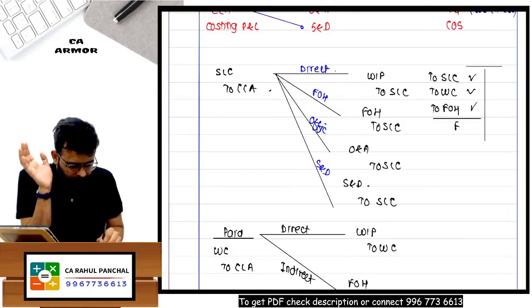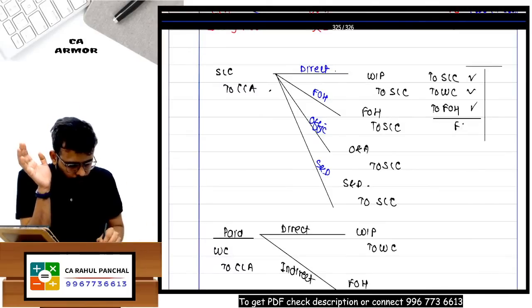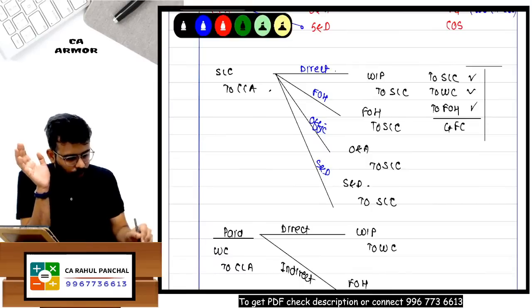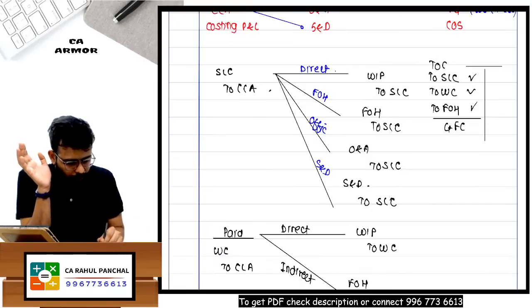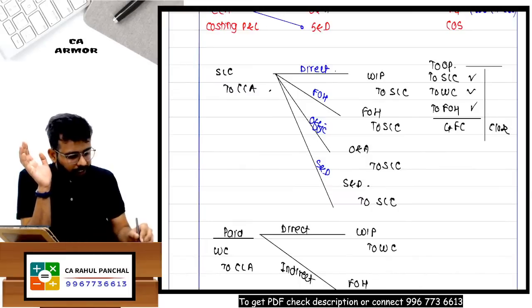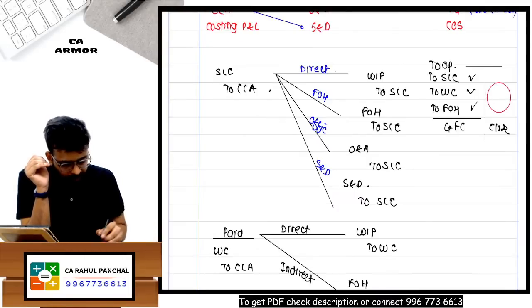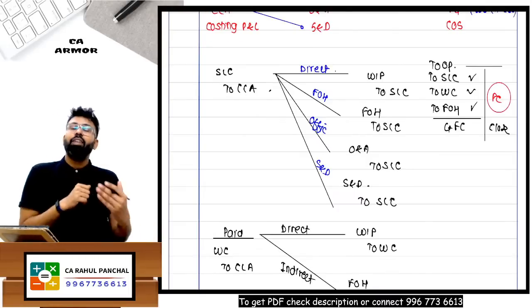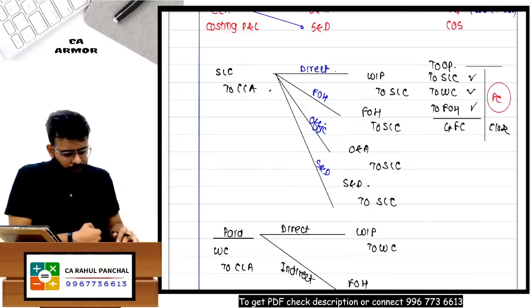This is going to be your gross factory cost. On the debit side comes opening WIP, on the credit side comes closing WIP. After adjusting, that is gross factory cost, add opening stock of WIP less closing stock of WIP, you will get one answer, and that answer is known as factory cost. This is my net factory cost after adjusting opening and closing WIP.